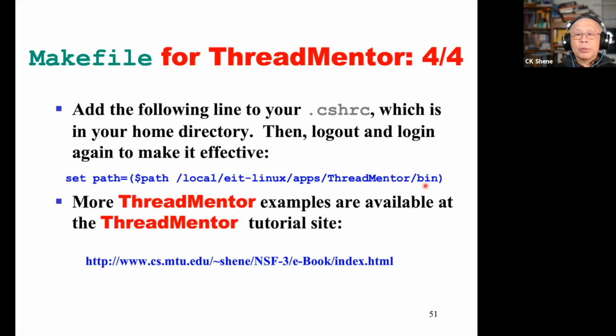This binary folder has all the executables for ThreadMentor, in particular the visualization system. So this line simply means add this path to the existing path environment variable to create a new one.